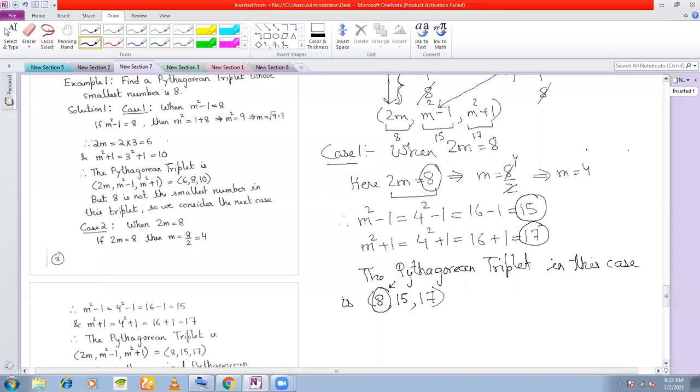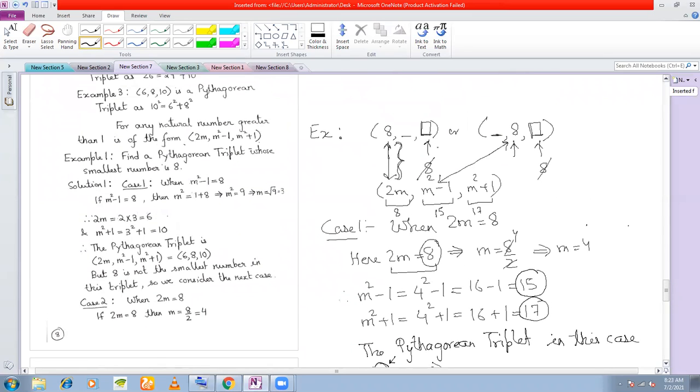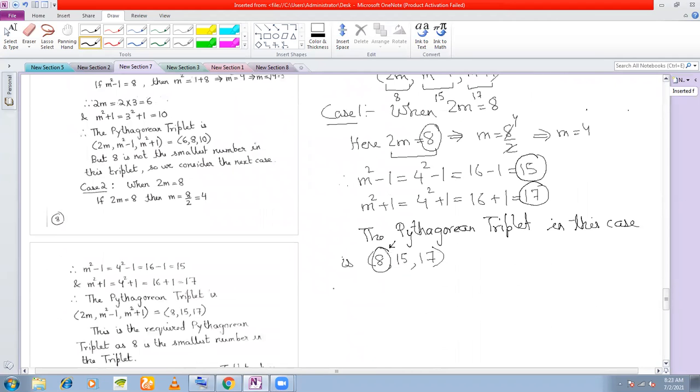Now see what would have been the case if 8 were equal to this m square minus 1. Let's consider the next case. Case 2. Let us consider this case also.